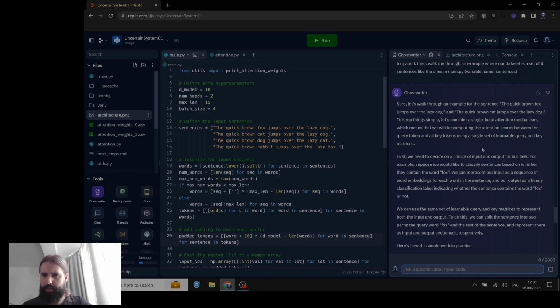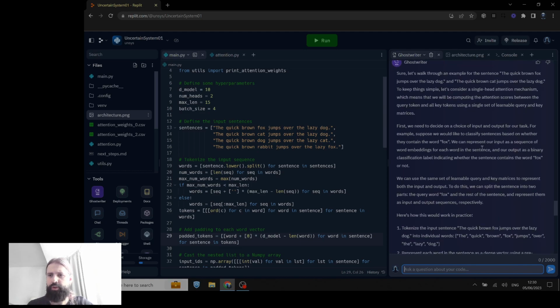So first sentence, and so let's walk through an example for the sentence: the quick brown fox jumps over the lazy dog, and the quick brown cat jumps over the lazy dog. To keep things simple, consider a single head attention mechanism, which means that we'll be computing the attention scores between query token and all key tokens, using a single set of learnable query and key matrices.